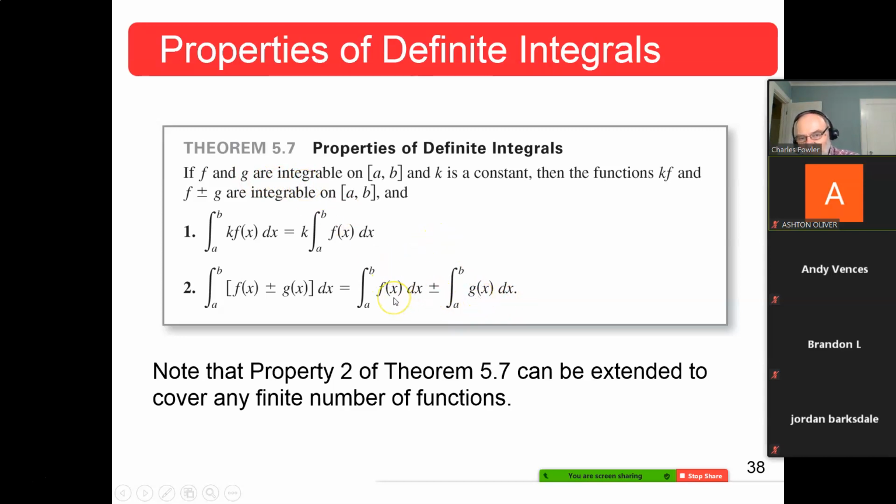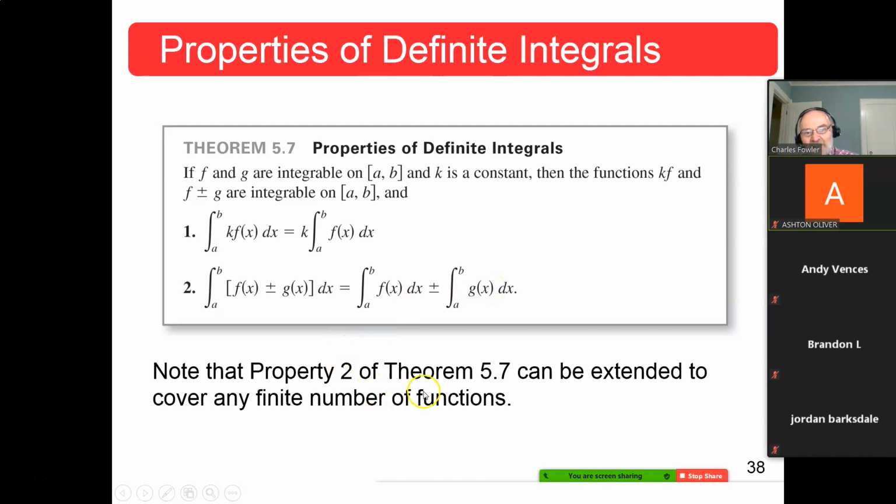So you just take the integral of f, whatever that is, and either add that to the integral of g or subtract it. Now, here's one way of expressing that. The integral of a sum or a difference is either the sum or the difference of their integrals. As long as they're both integrable, that's true.